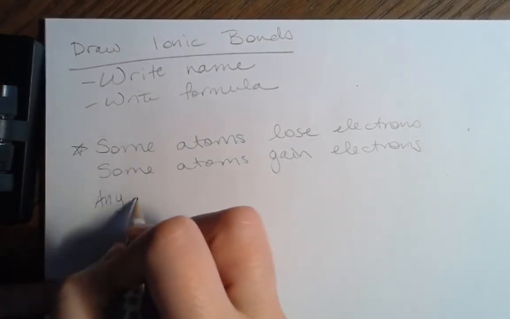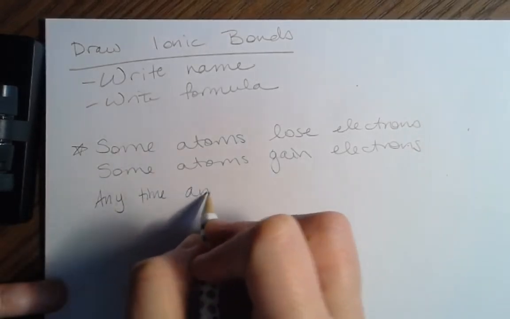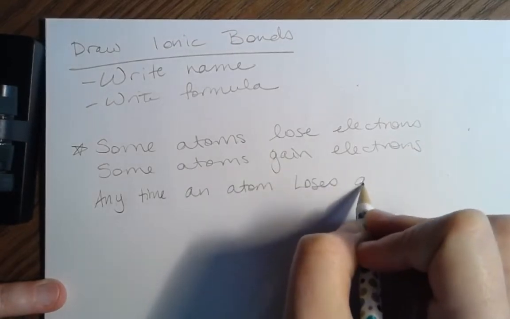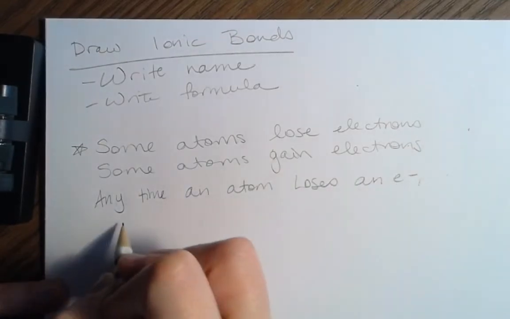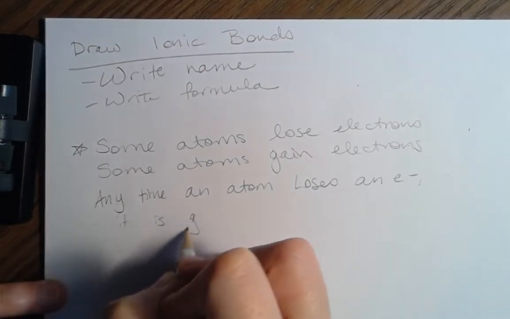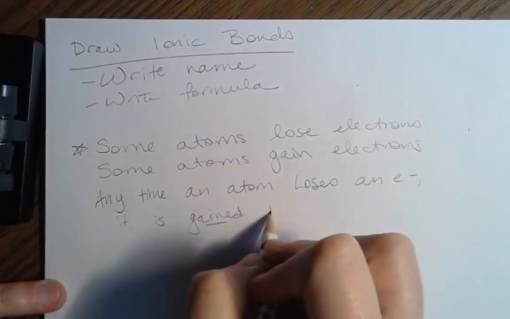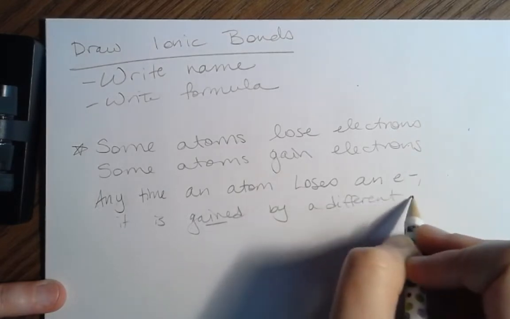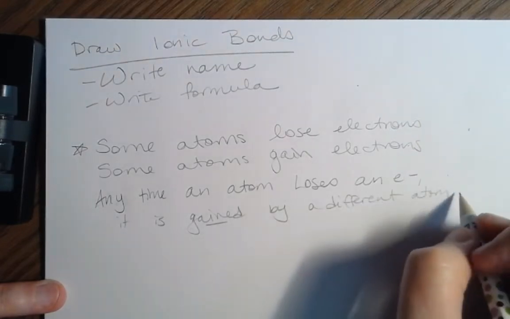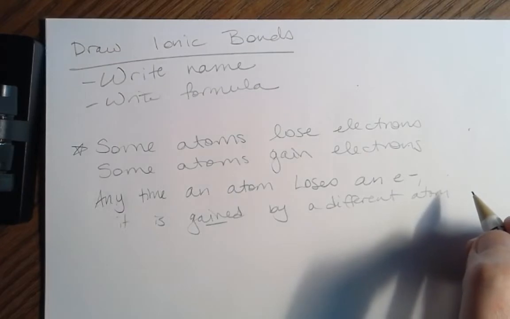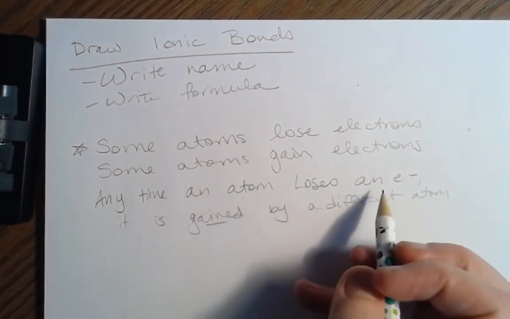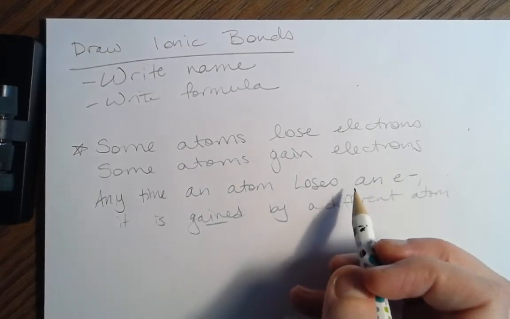Anytime an atom loses an electron, it is gained by a different atom. I'm writing atom, but really once an atom loses an electron, it is then an ion.